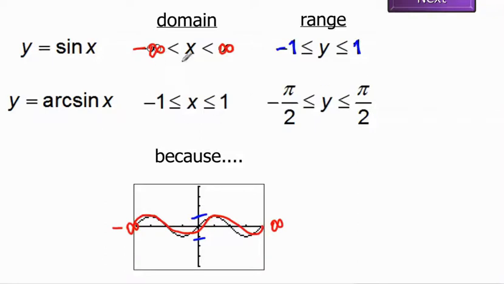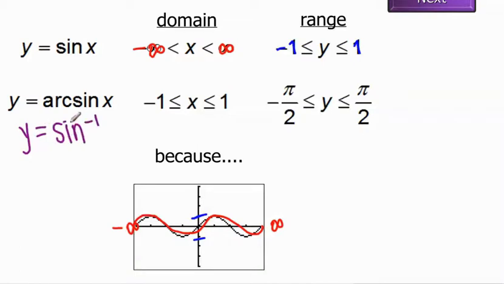Now when I reverse the inputs and outputs to get my inverse function, y equals arc sine of x is the inverse of sine. And you saw me on the other page write y inverse like that. That's the notation that we're going to also use to show the inverse function.